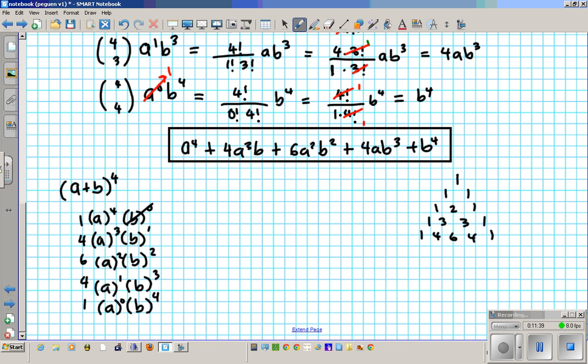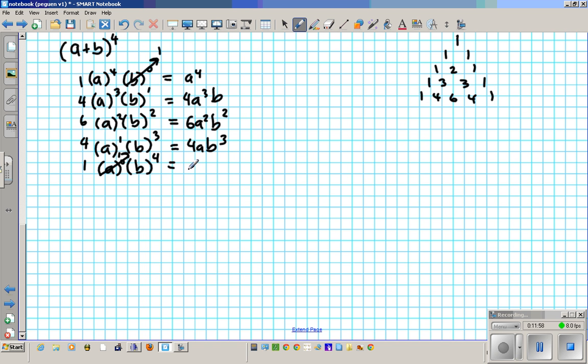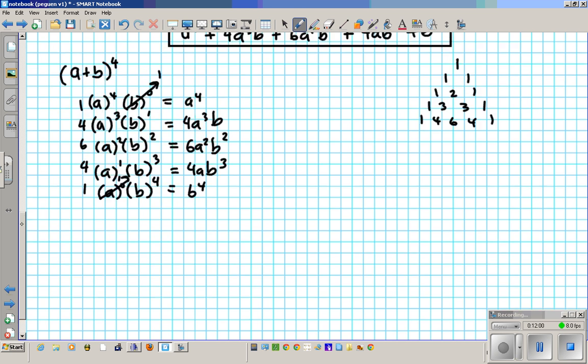Okay? This one goes away to 1, I know that, and this one goes to 1 also. So this one is just simply a to the 4th, 4a to the 3rd b, 6a squared b squared, 4ab to the 3rd, and b to the 4th. Okay? So what's our answer?